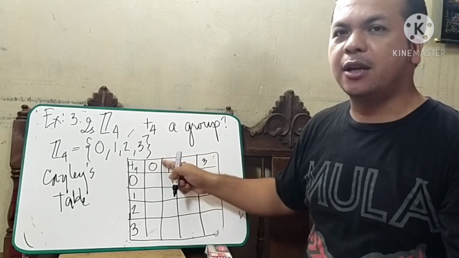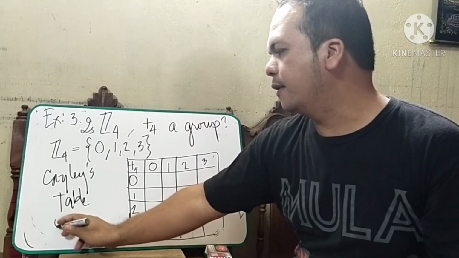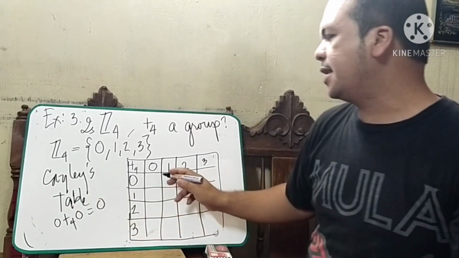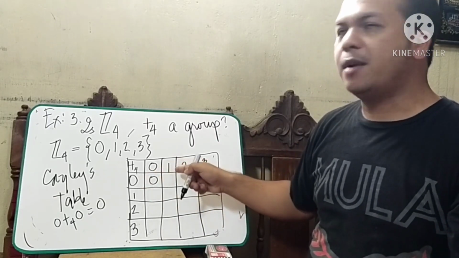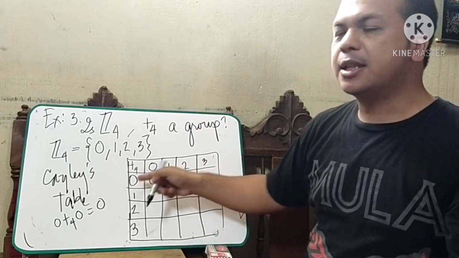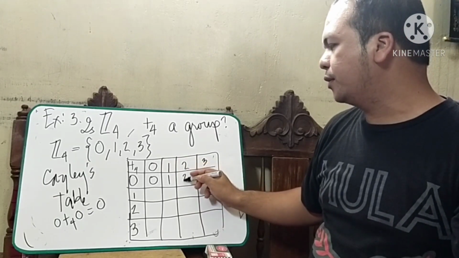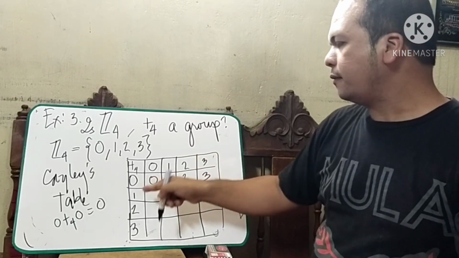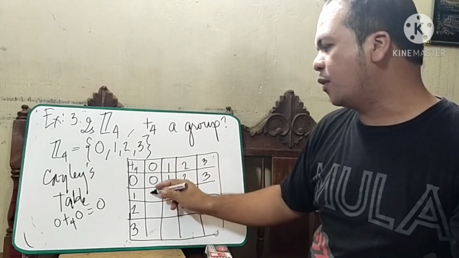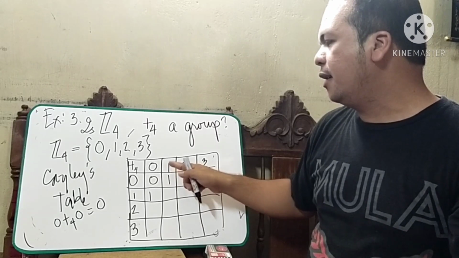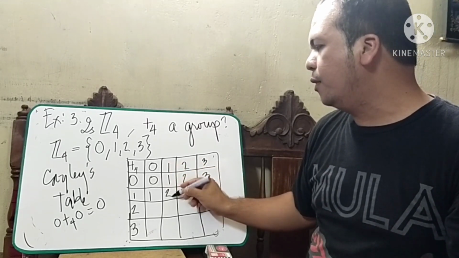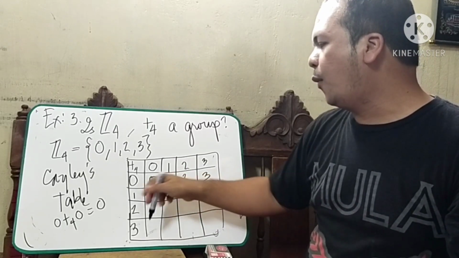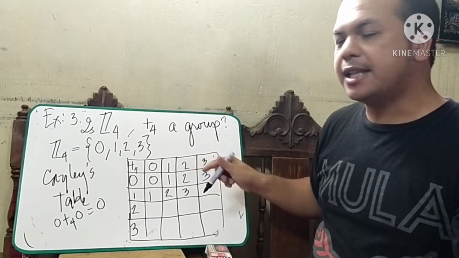So 0 plus 0 modulo 4 is equal to 0. 0 plus 1 modulo 4 is 1. 0 plus 2 modulo 4 is 2. 0 plus 3 modulo 4 is 3. 1 plus 0 modulo 4 is 1. 1 plus 1 modulo 4 is 2. 1 plus 2 modulo 4 is 3. And 1 plus 3 modulo 4 is 0.